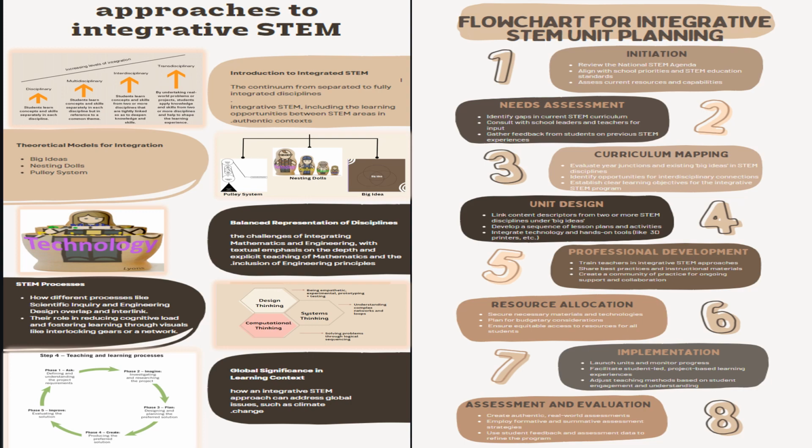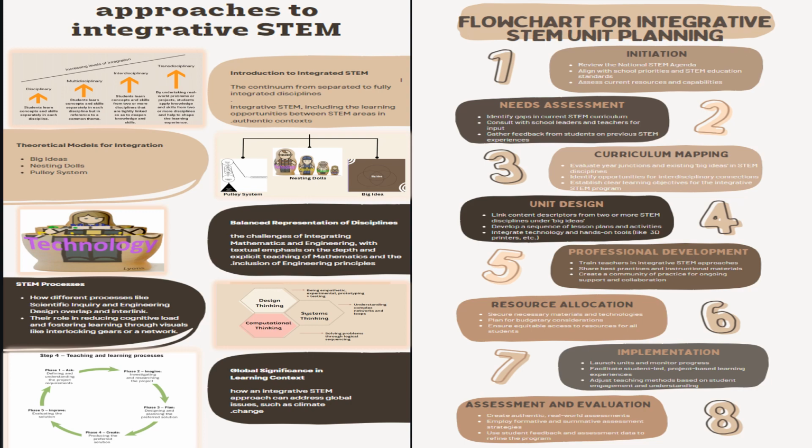And now let's move to the STEM processes. In integrative STEM education, various processes from different fields come together to form a complete approach to learning. For example, the engineering design process, which is all about refining solutions through repetition, works hand in hand with scientific inquiry, which focuses on understanding problems.